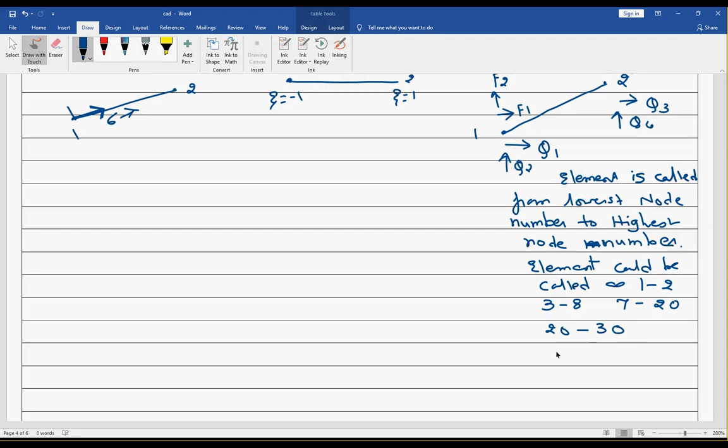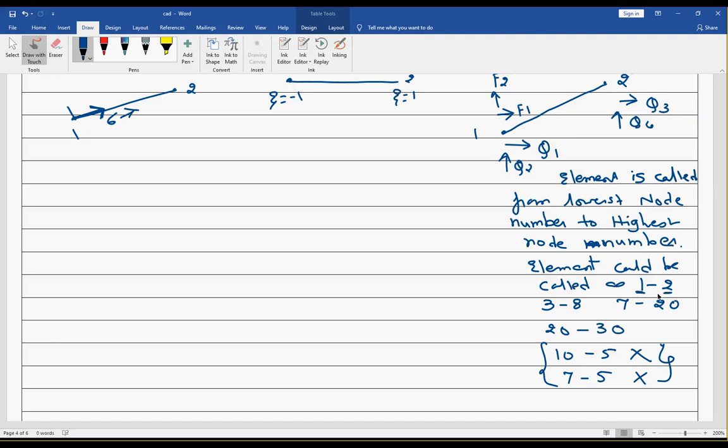But an element cannot be called as 10, 5. This is the incorrect way. Okay, 7, 5 is also the incorrect way, so this should not be used. An element is always called from the lowest node number to the highest node number.